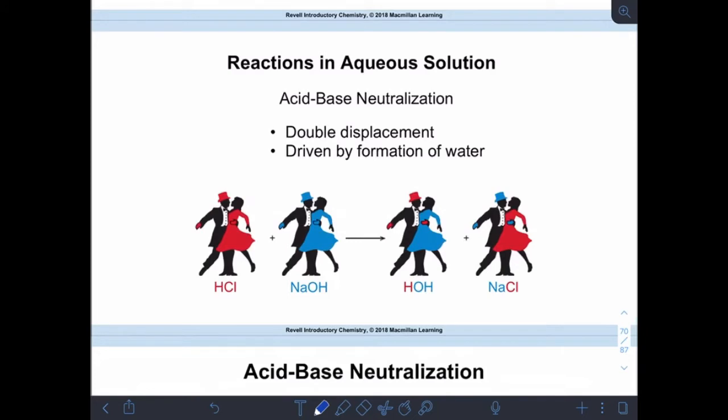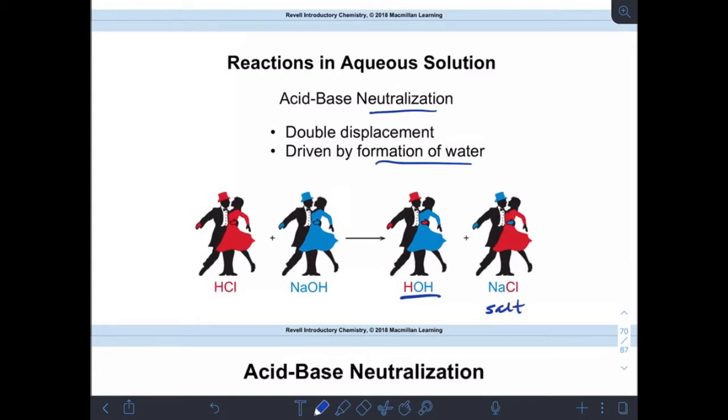Okay, so our last category are acid-base reactions, and most specifically neutralization reactions. And they're driven by the formation of water. So whenever you have an acid-base neutralization, you always get the same products. You get water and you get a salt.